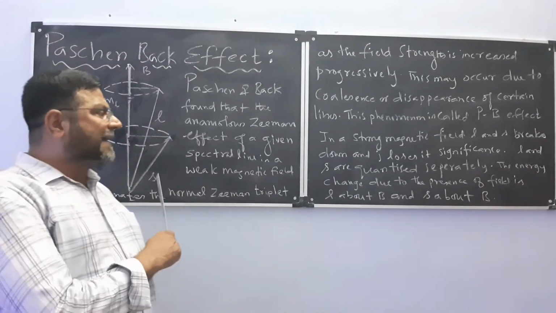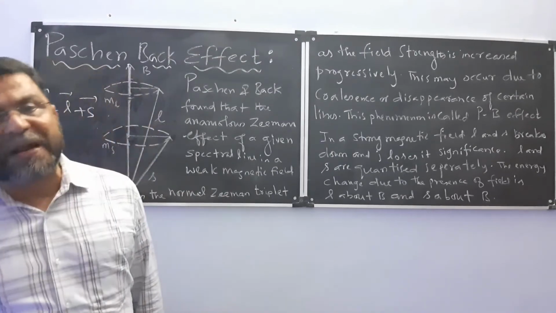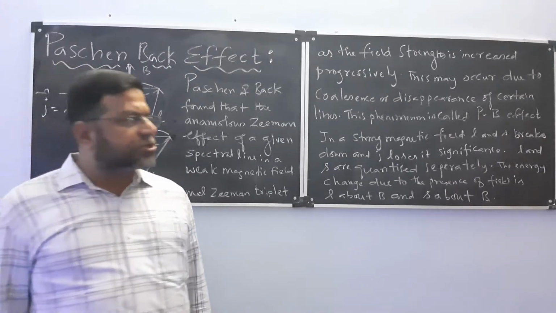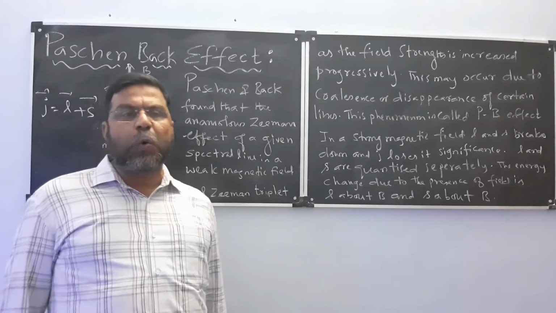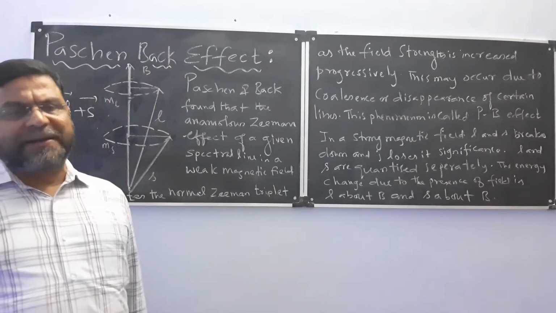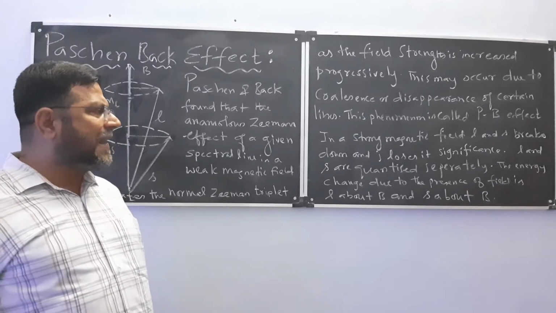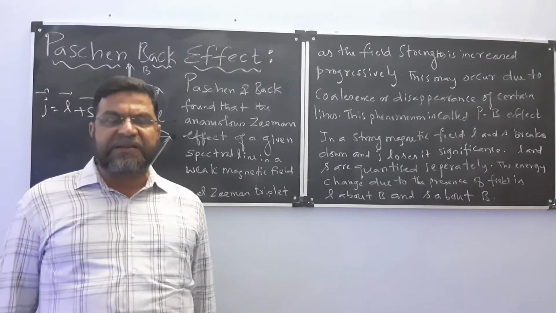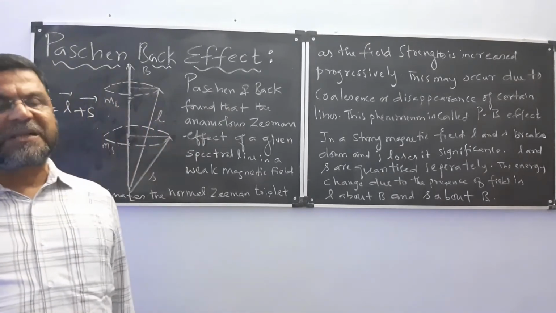So you have to draw the diagram, write the Paschen-Back effect, and now I am going to tell you the explanation of the Paschen-Back effect. Now I am going to consider a strong magnetic field in which I am taking the two vectors L and S. In a strong magnetic field, L and S break down and J loses its significance. We know that J vector equals L vector plus S vector, where J is the total angular momentum quantum number.